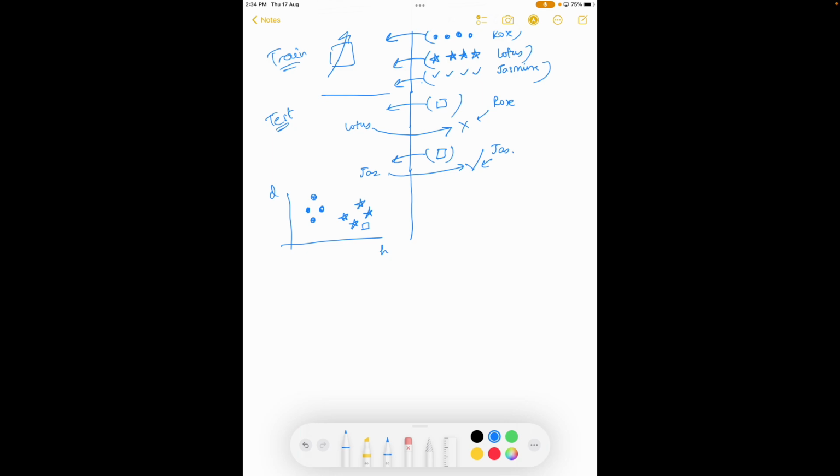How will the machine tell? Compare height and diameter. Between each other, like if the diameter is greater than height, then it's a rose. Okay, fine. Agreed. For this case. The unknown image is closer to the lotuses. Good, good. So the unknown image is closer to the lotuses, so it must be a lotus, right?